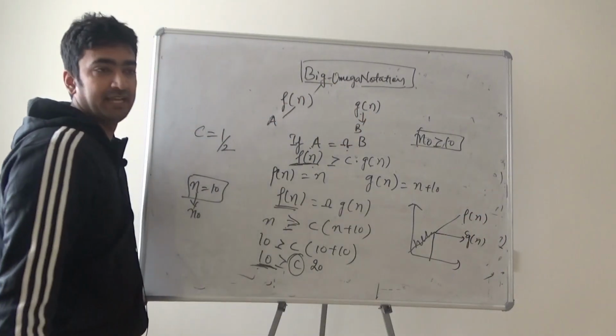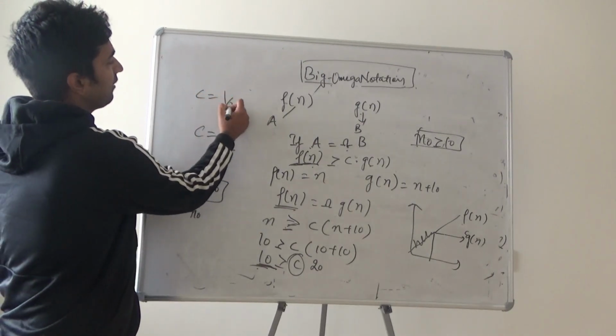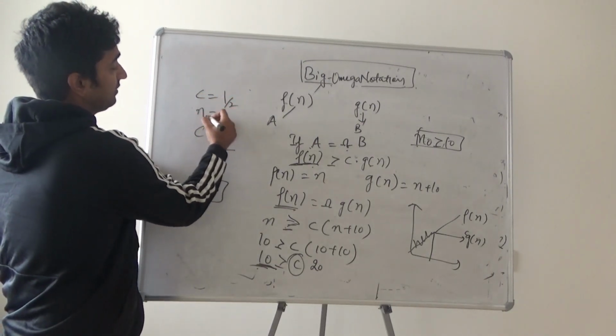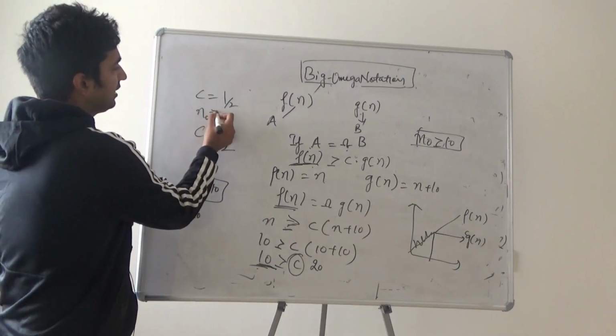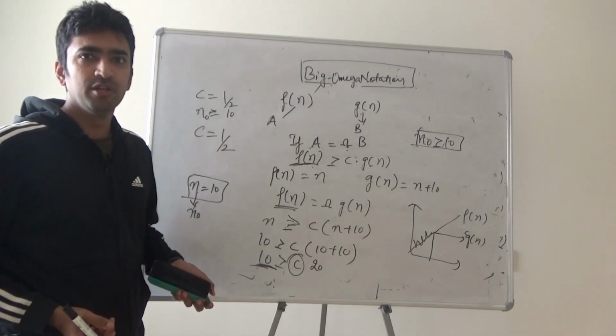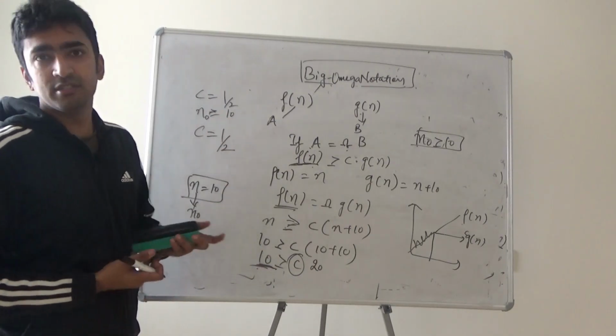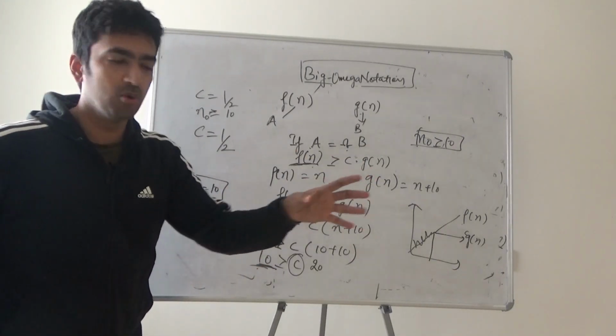We can clearly say that this condition holds true if your C value is half and the n value, represented as n naught, is greater than or equal to 10. So this is big omega notation. This is the reverse of big O.